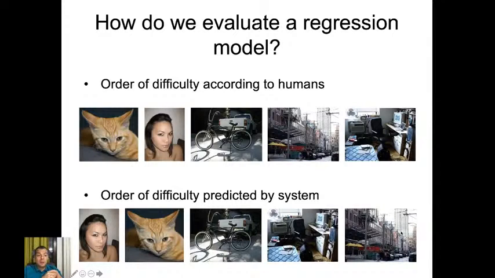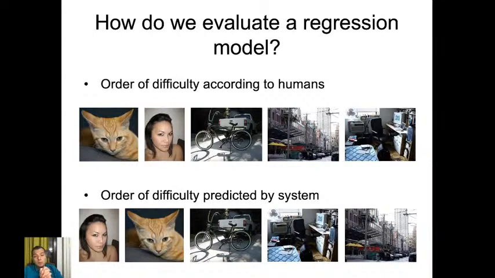Now if we look at the orders, the actual value that is predicted doesn't matter so much. This can even be in different scales. This can be in the scale 0 to 1, and this can be in the scale 1 to 10. But the scale of the prediction or of the actual label is not important, it's more important to achieve the same order.